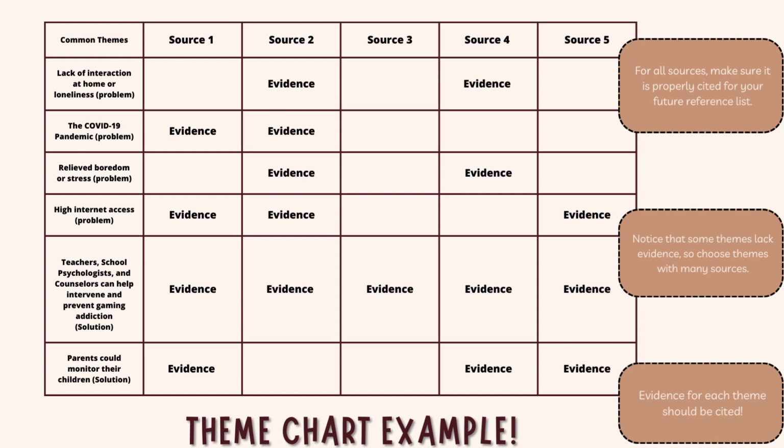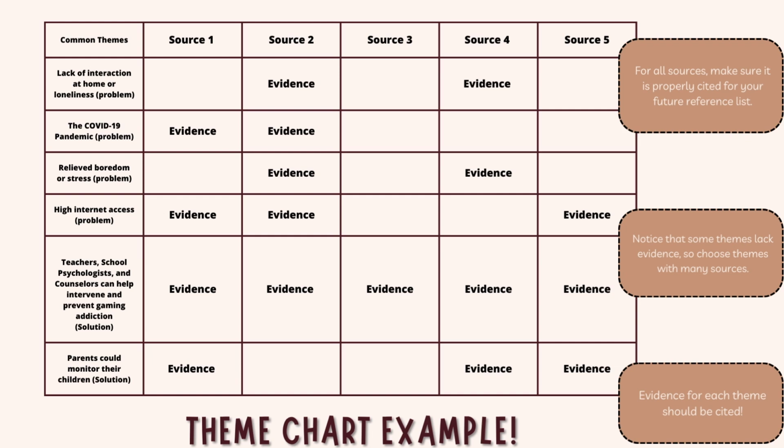across all the sources. So maybe I could use this theme in my essay because it's easily found in all 5 of my sources. And so maybe I would focus on the problems of high internet access and possibly find other themes that would help give me more evidence with the sources I have.